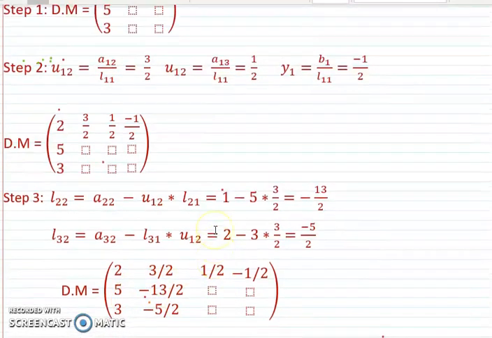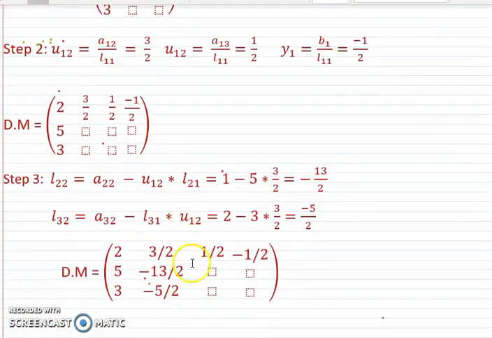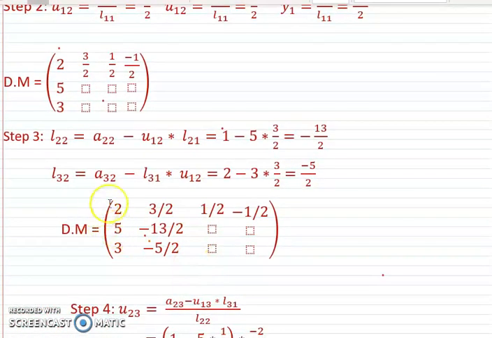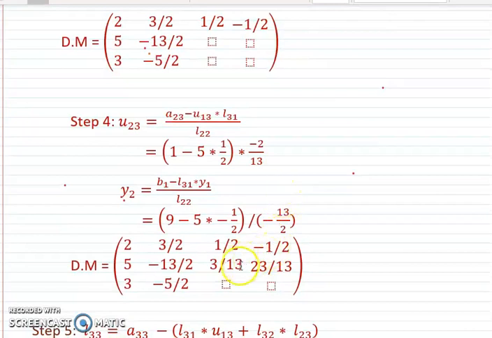So take the corresponding element of A, B, which is 1, minus first row element 5 into 1 by 2, and the extra element needs to be divided. So 1 minus 5 into 1 by 2, divided by minus 13 by 2. On calculating, we find that the value is equal to 3 by 13.